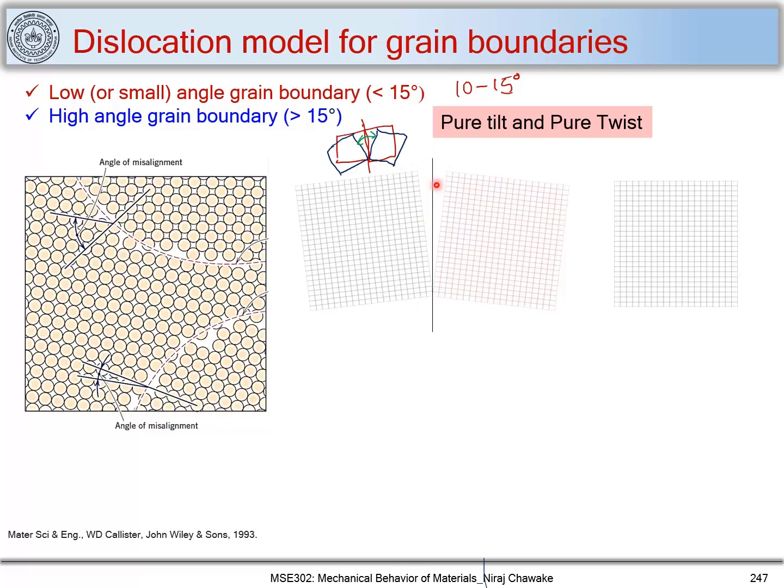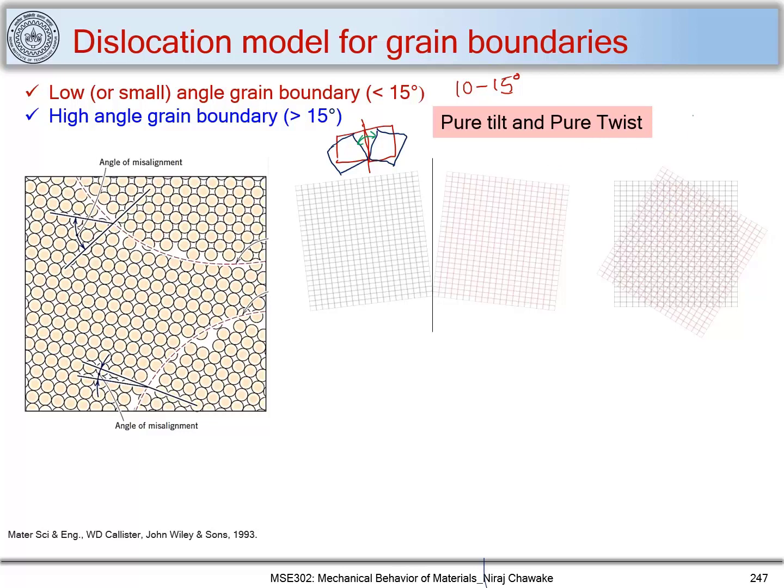And now let's understand what pure twist is. Now let's say you have this grain, and you have another grain which is twisted in this way. You can see that the boundaries which are formed between these two grains will be of pure twist. Let me explain that to you. Let me write it down here.